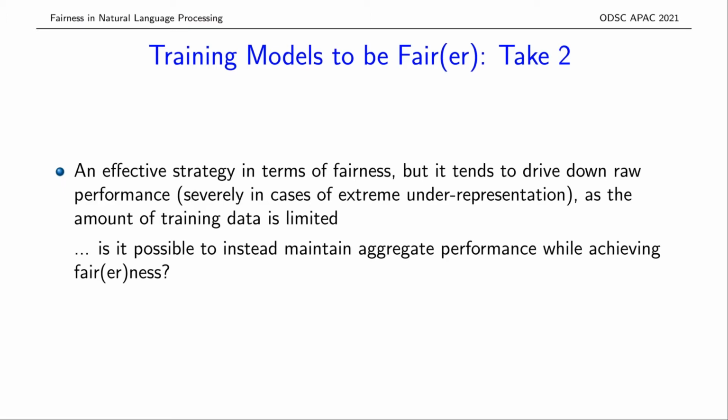It can mean you take a substantial hit to the amount of training data that you have access to, meaning that the accuracy is driven down, the accuracy over the main task variable that you're interested in. So to some degree it helps in terms of fairness, but it tends to come at a substantial cost in terms of accuracy. If you're interested in the trade-off between the two, it's not going to be ideal.